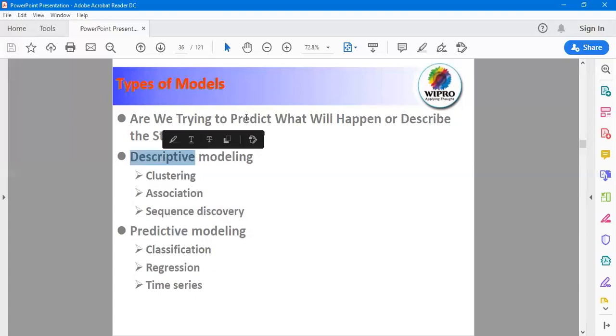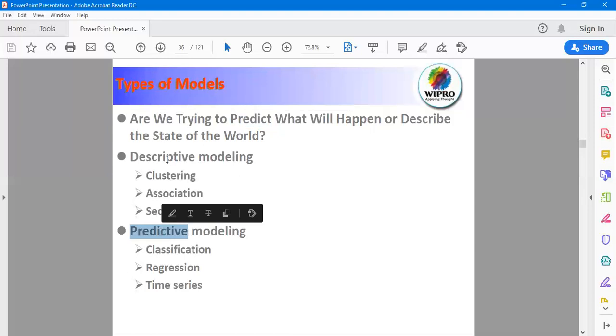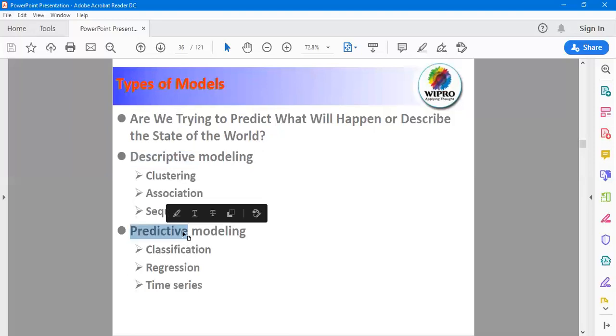But when we are trying to predict something, we use predictive algorithms, the predictive modeling. As the name suggests, here we use descriptive modeling, and here we use predictive modeling.